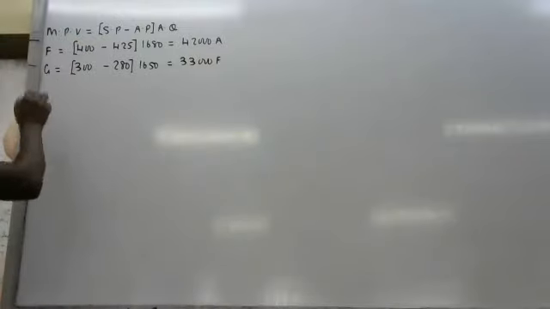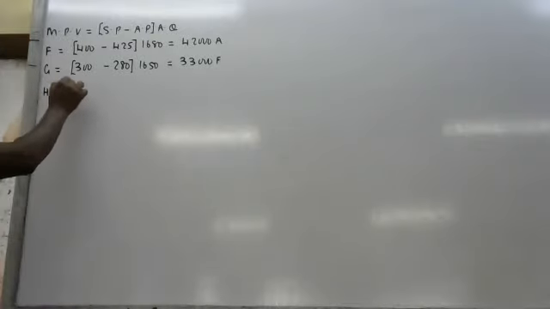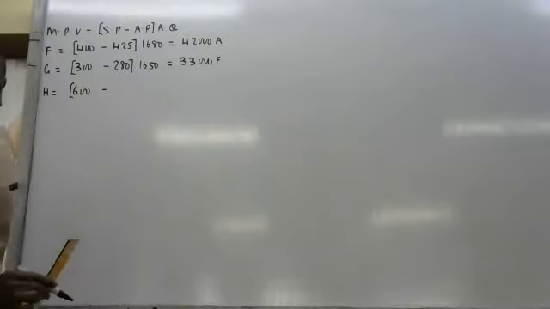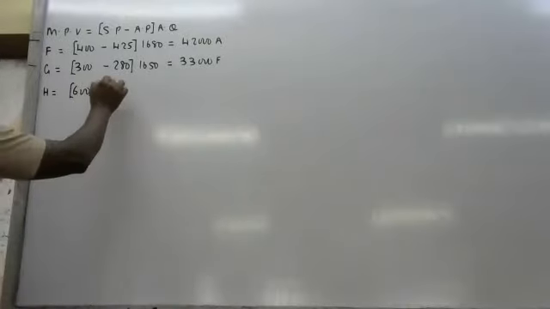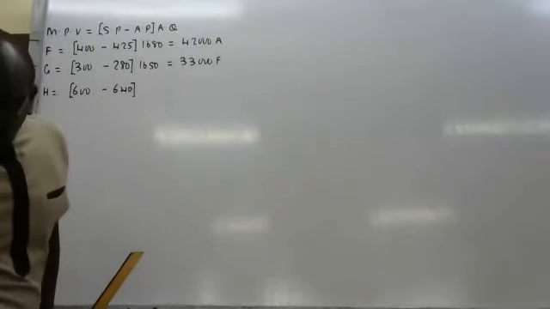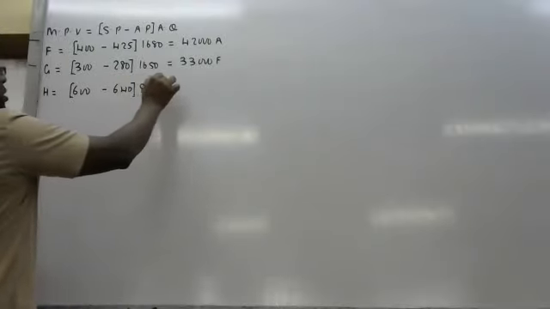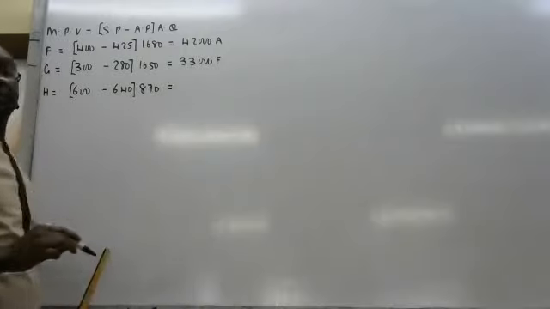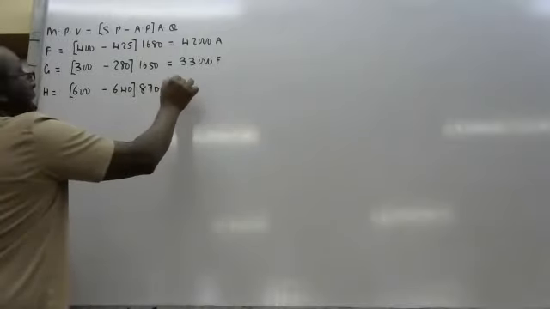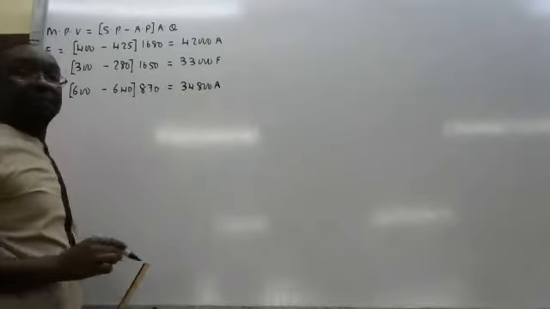Favorable. Material H was supposed to cost 600. And it ended up costing 640. And the actual kilos were 870. That is $34,800 adverse.